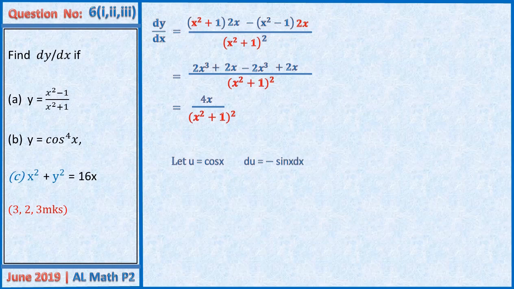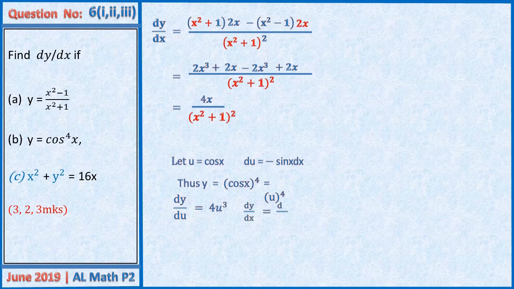Now dy/du will give us 4u to the power 3, and our dy/dx will give us dy/du times du/dx.